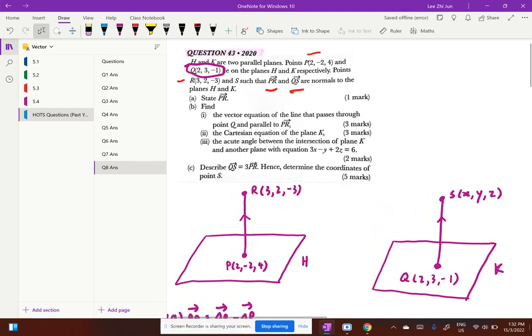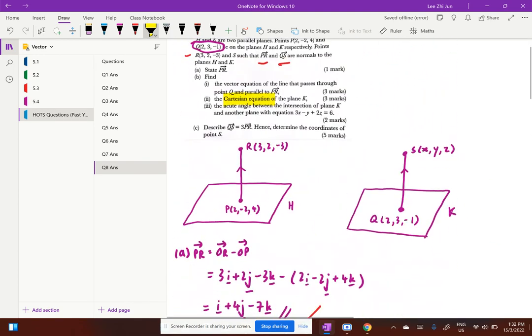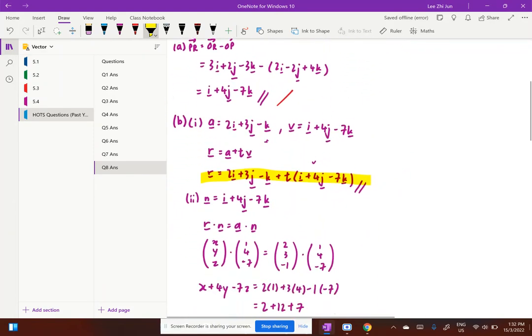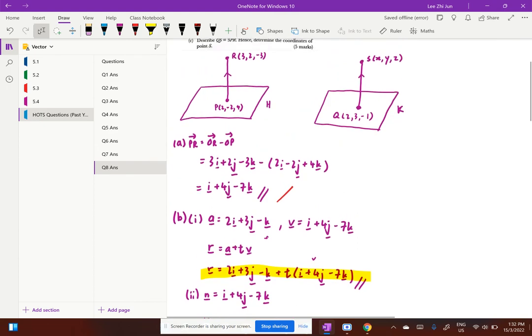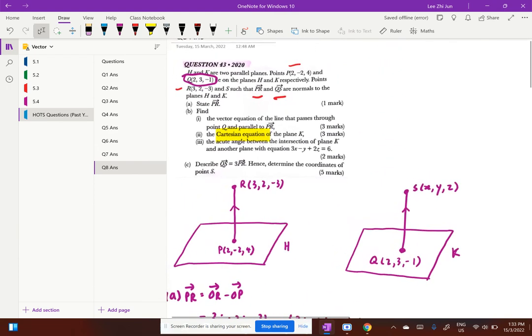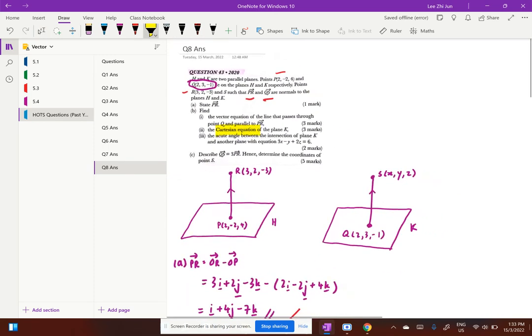So the second, find the Cartesian equation of plane K. So you get the normal because the PR and QS are parallel. Yeah, PR and QS are parallel.